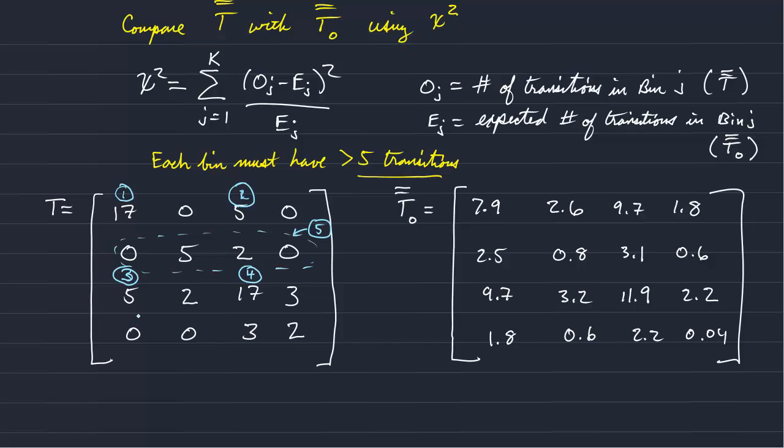Let's make bin 6 the whole row involving transitions from D. And then what do we have left? We have the transition from A to B, A to D, C to B, and C to D, and we'll put all of those in one bin, bin 7.